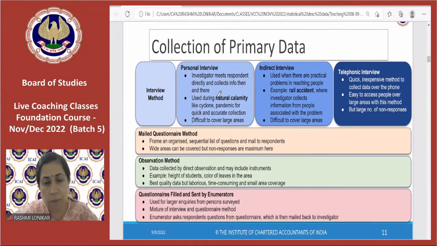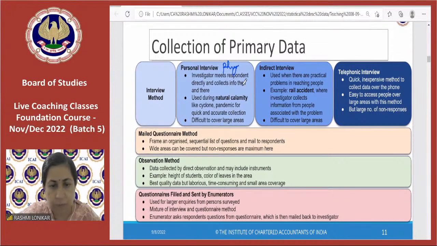Now, what happens in the personal interview? In this, there is a physical meet. The investigator will meet the respondent, the other person, directly and covers information. This is usually used in natural calamity like cyclone, pandemic, for quick and accurate collection.